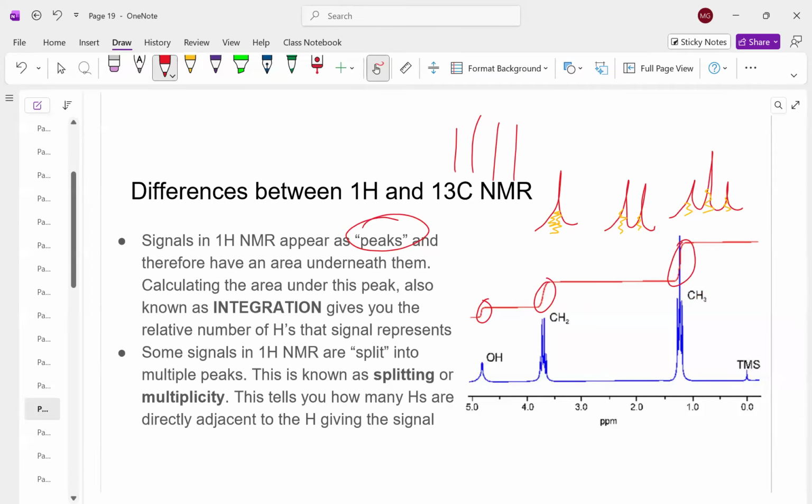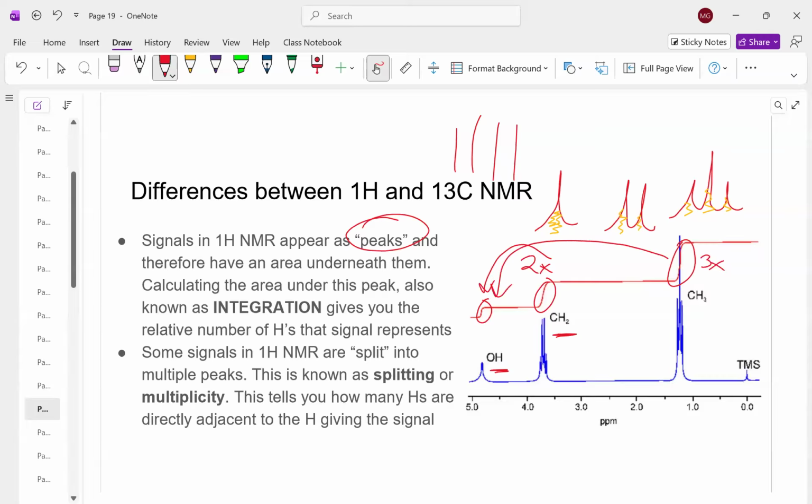And in the old days, we would just pull out a ruler and measure the heights. So notice this one is about 2 times the height of this one. And that's why this signal represents twice as many hydrogens as this one. And then this peak is about 3 times the height of this one.